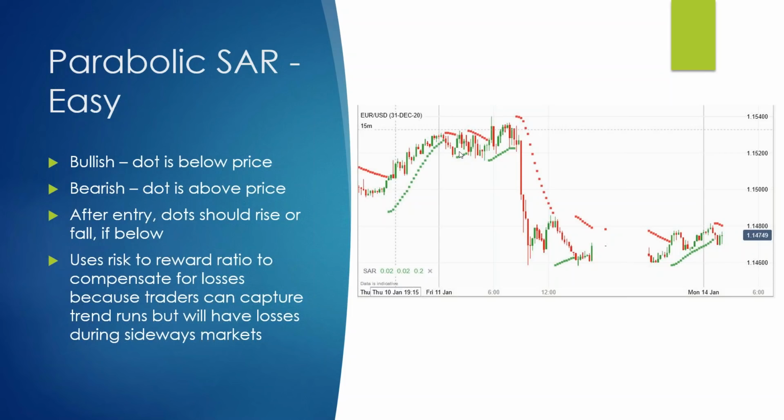Now, after entry, the dot should always begin to rise or begin to fall. The best example is where it turned red here. Do you see how immediately it started falling? That's exactly what you expect with the parabolic.